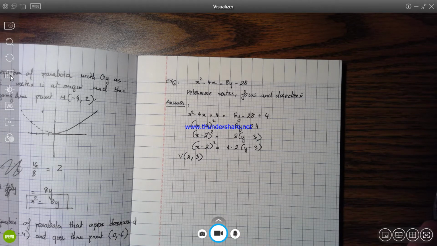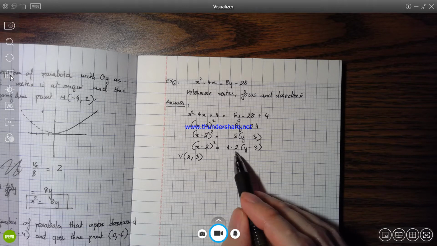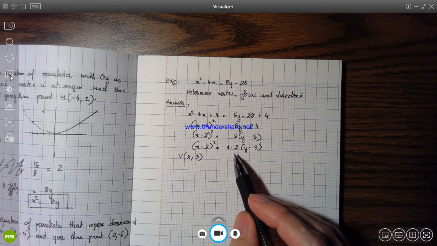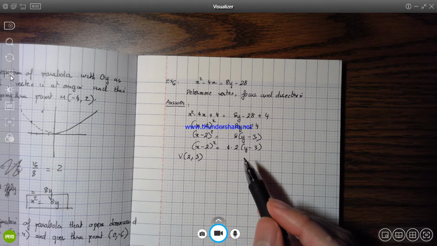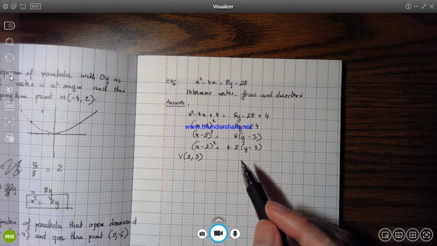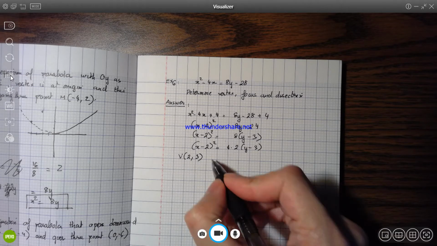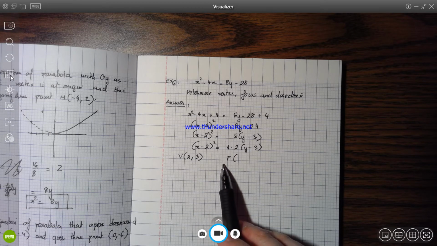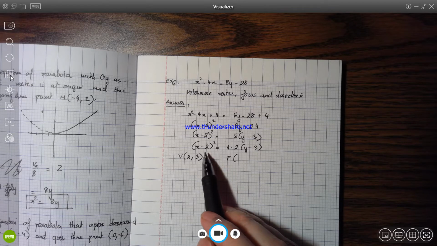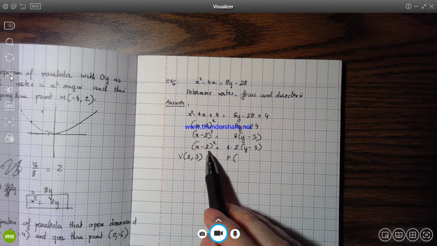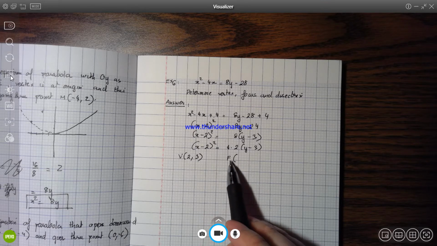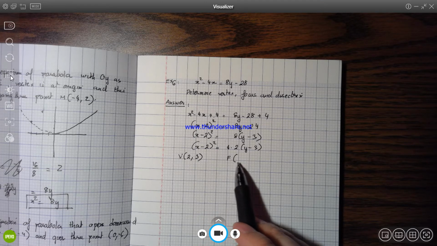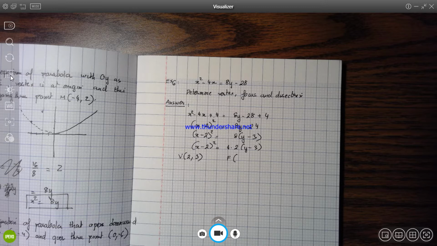The focus is right here. Sorry. So the focus will be F, because this is opening up. The vertex is not at the origin, so we have to be careful when writing the coordinates of the focus.